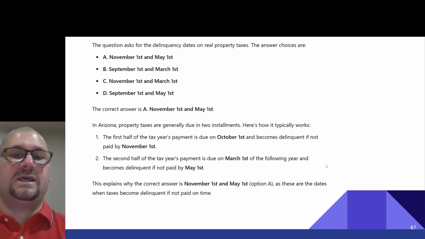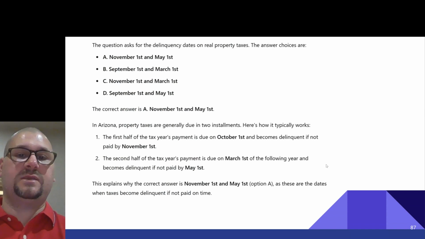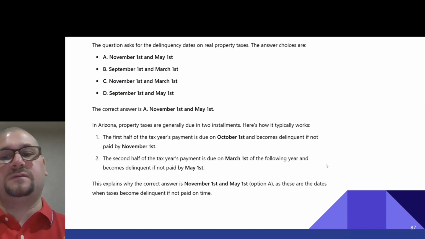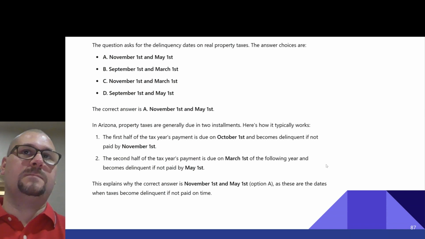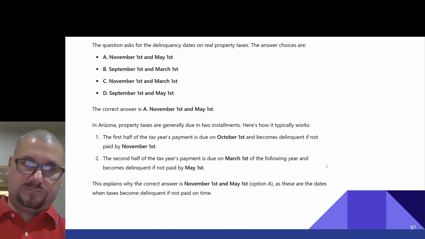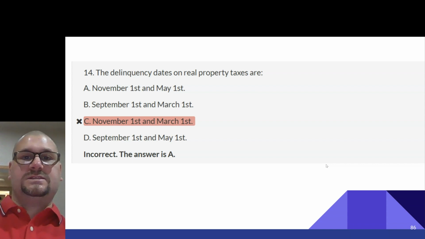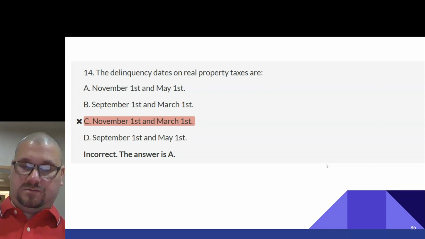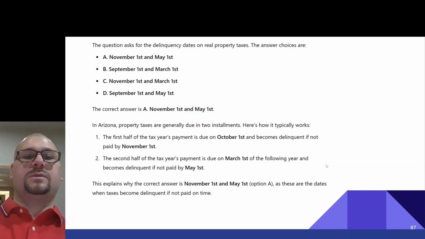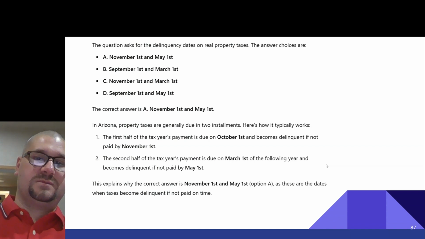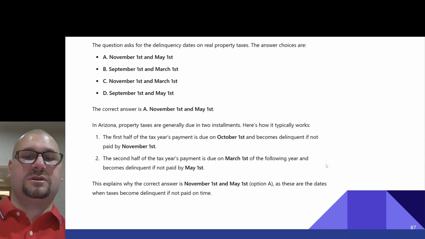The second half of the tax year's payment is due on March 1st of the following year and becomes delinquent if not paid by May 1st.